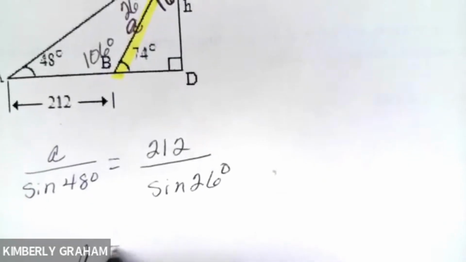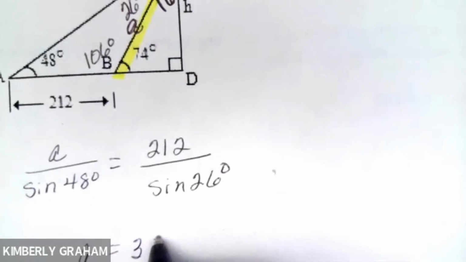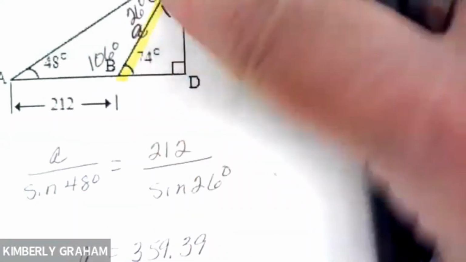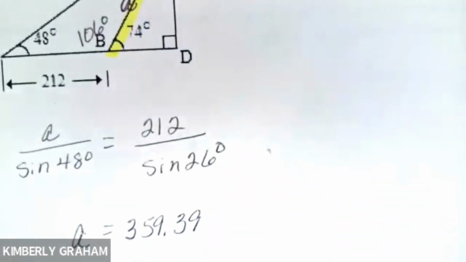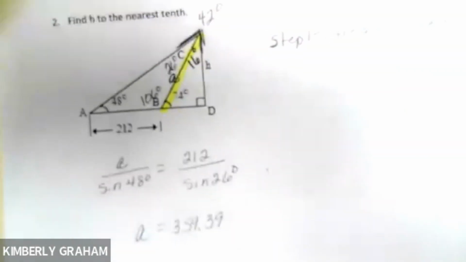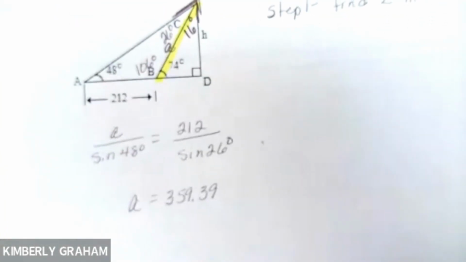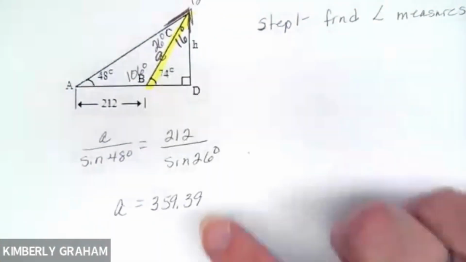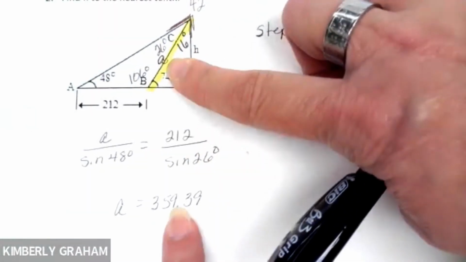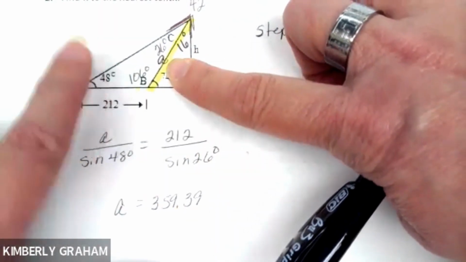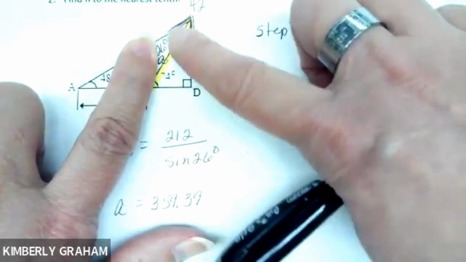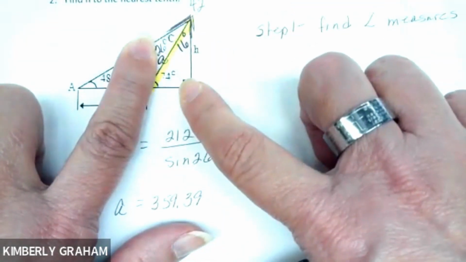Solve that for A. You get approximately 359.39. So side A is 359. Let me zoom out here so you can see my picture and my work at the same time. Side A is 359. I now know the hypotenuse of that right triangle.